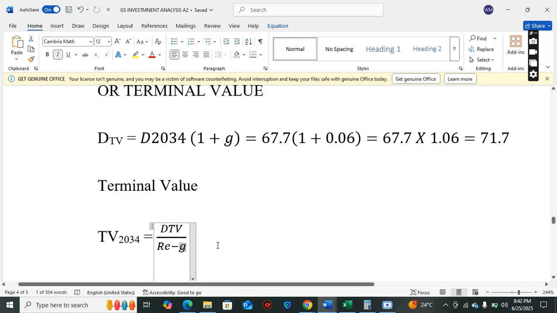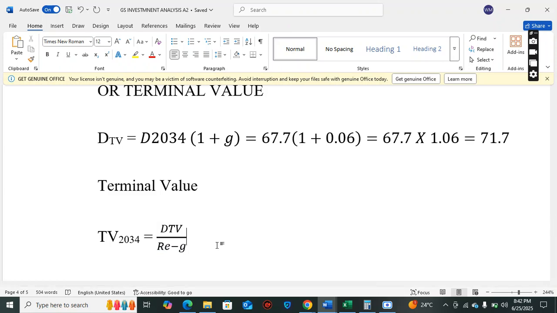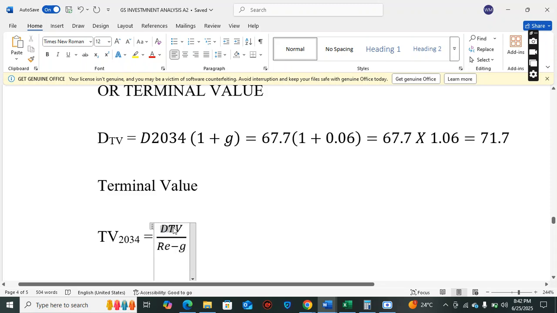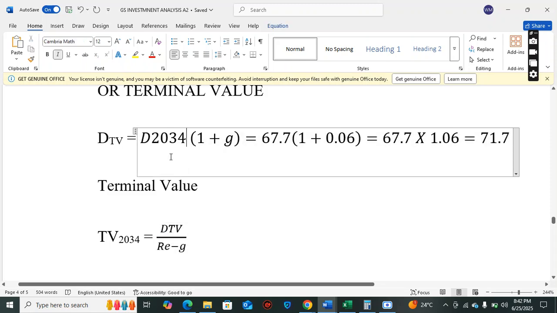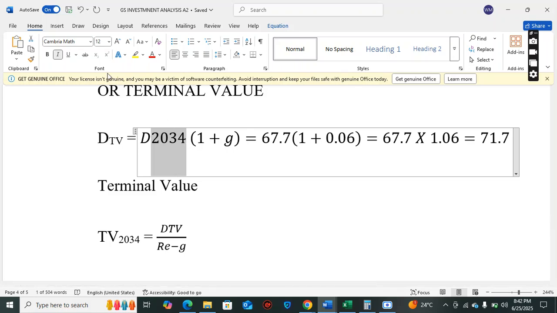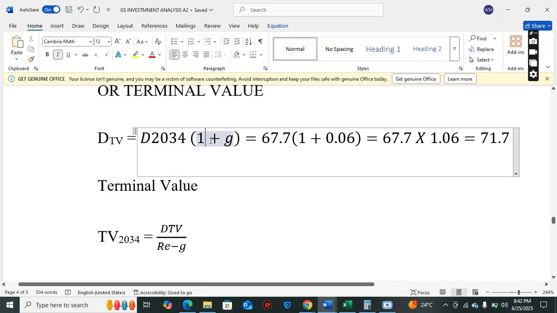So we need to get our terminal value. First let's get our expected dividend for the terminal value. You get the dividend for the last year, which is 2034. We said the dividend is going to be growing at 6% until infinity, so our growth rate is 6%.